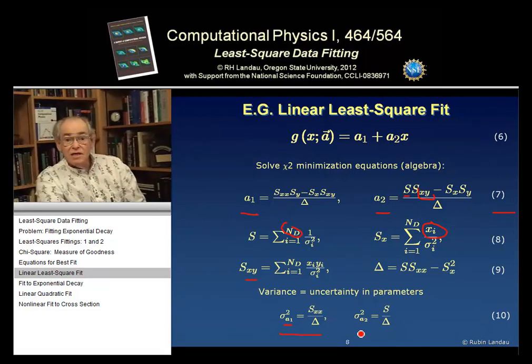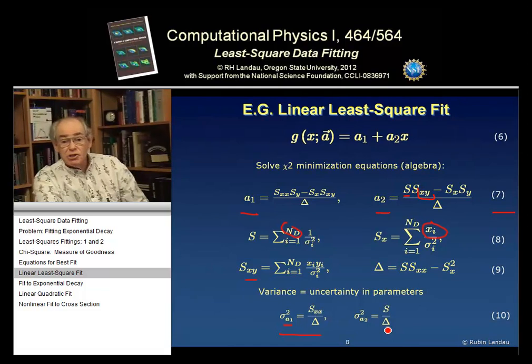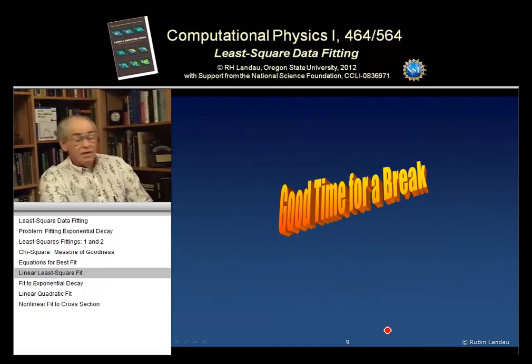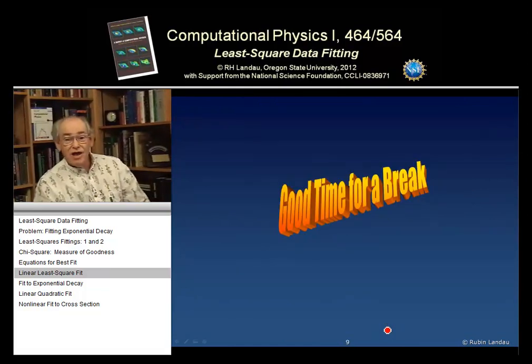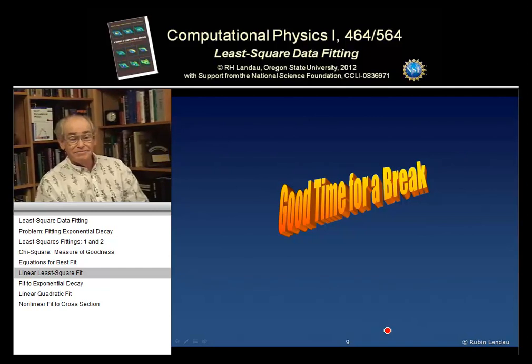The variance in A2, the uncertainty, is also given by a similar equation. So we predict not only the values from the data, but the uncertainty in the data. Okay. So now it's a good time for a break. We're going to apply this. You've seen a lot. Stop, go back, make sure you know what the equations mean, and then we'll start applying them.